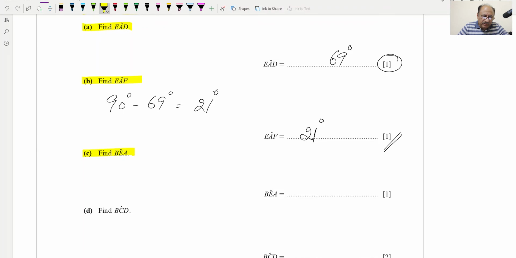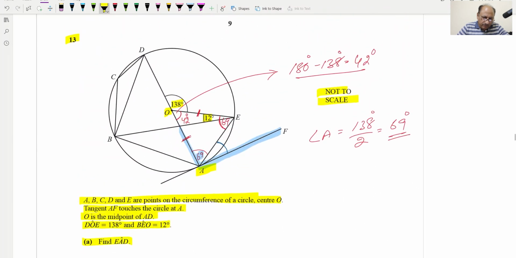BEA. Which one is BEA? B, E and A basically. So angle BEA will be this angle, and in total this angle is 69. Out of 69, 12 is gone.